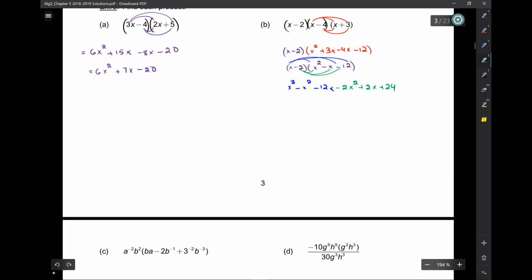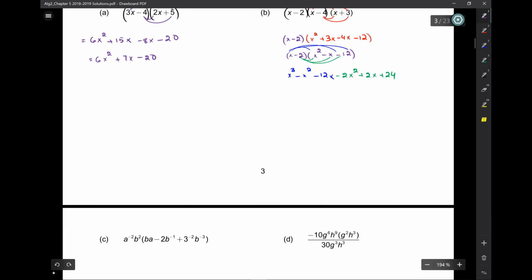Okay. And now I do my like terms. x cubed minus 3x squared minus 10x plus 24. Okay?